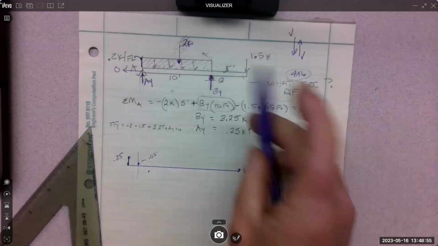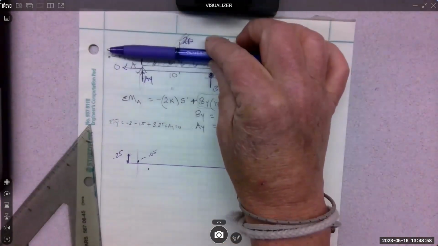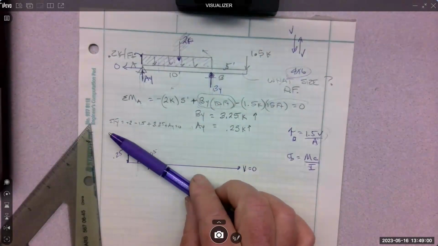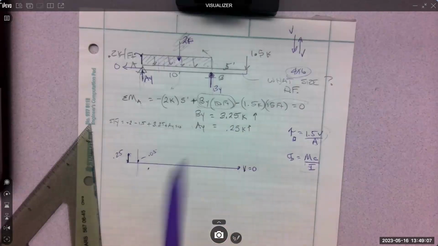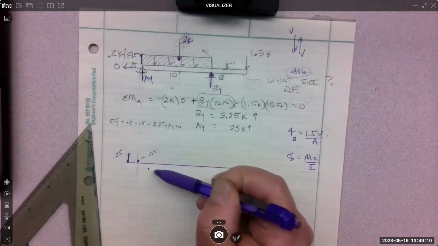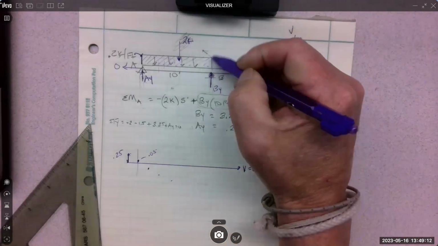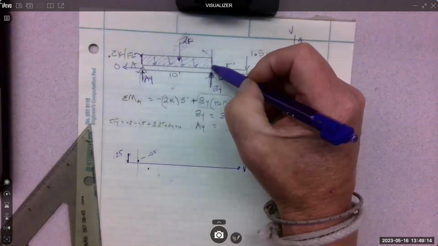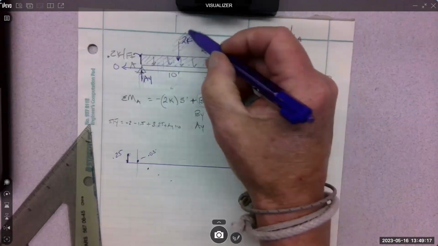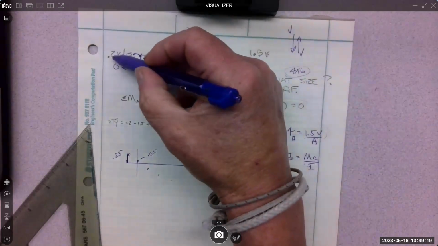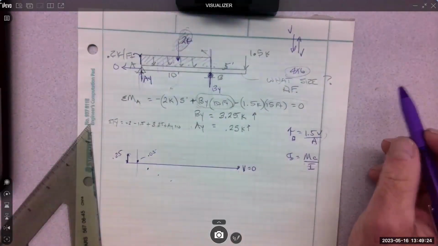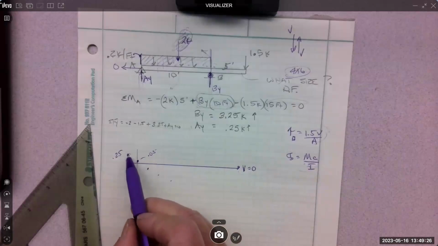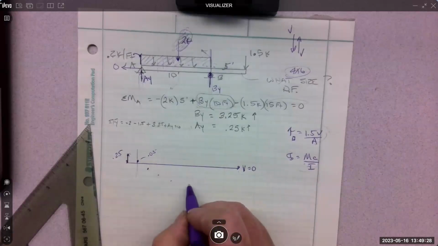So since this is horizontal, the graph in the shear diagram will be a sloped straight line. Because it's linear, it's dropping 0.2, 0.2, 0.2, 0.2. How much does it drop in its full length? 10 times 0.2 drops 2K. So it goes from 0.25 down here.